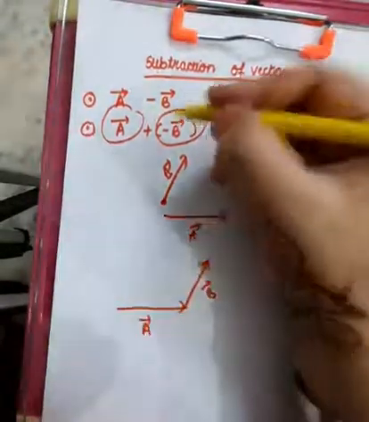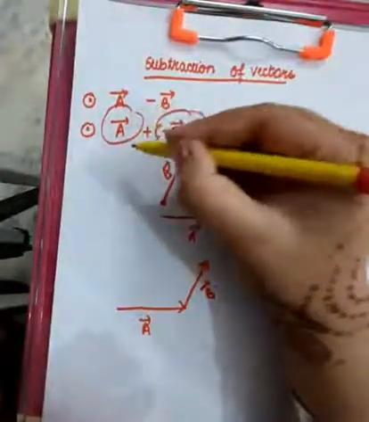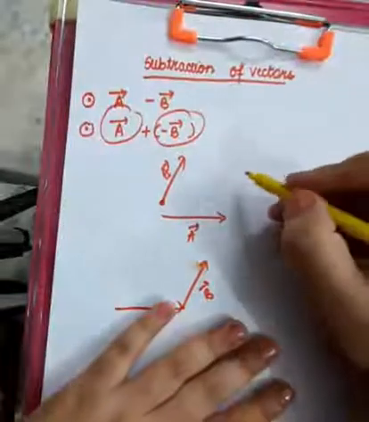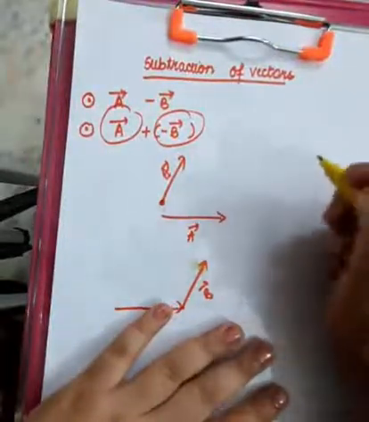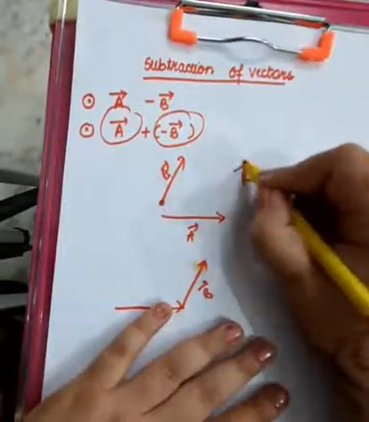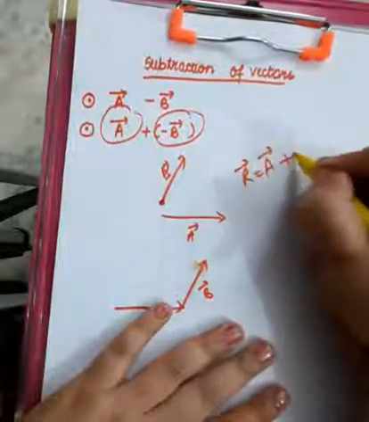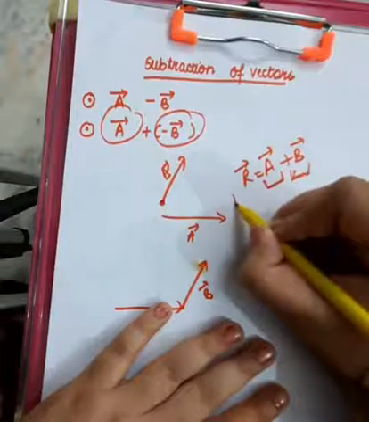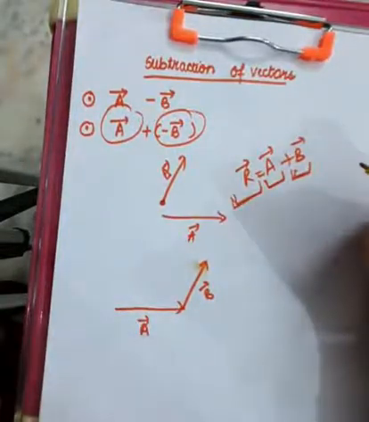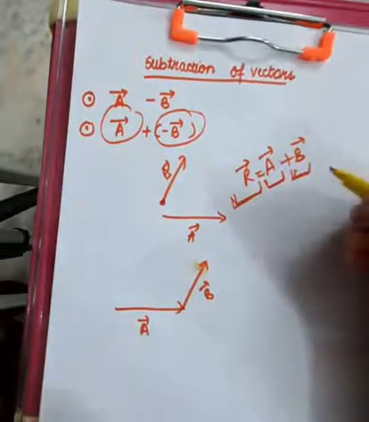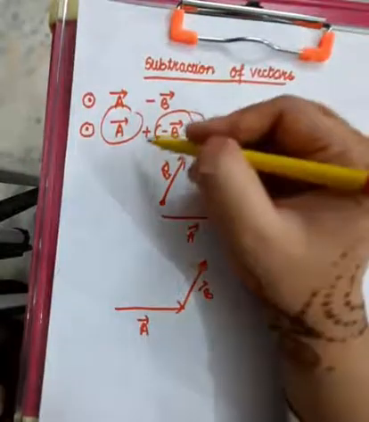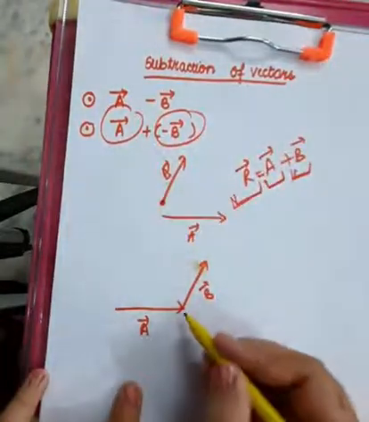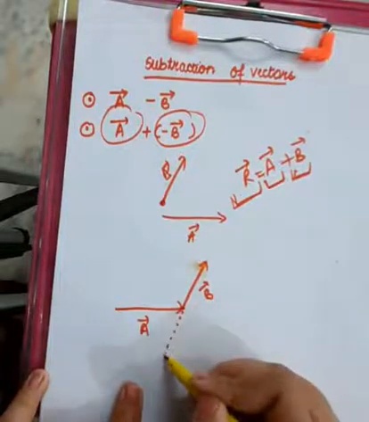Now you need to add A vector plus minus B vector. You remember when you used to apply the parallelogram law or triangle law, it was R vector equals A vector plus B vector. We used to find out the resultant of A vector and B vector and that used to come out as R vector. Same thing we are going to do here, but here you have to find the resultant of A vector and minus B vector. So I will back produce this.